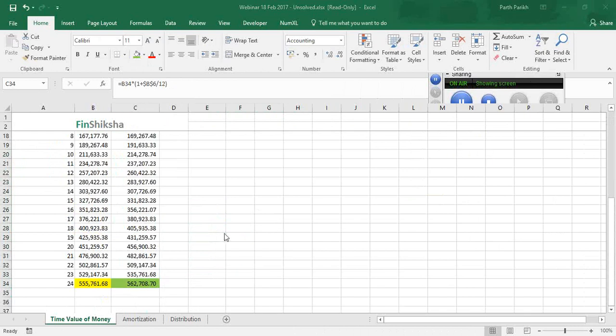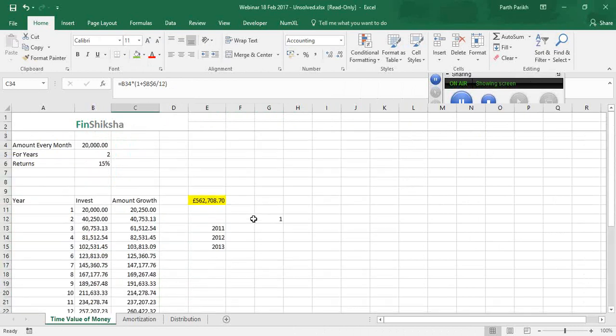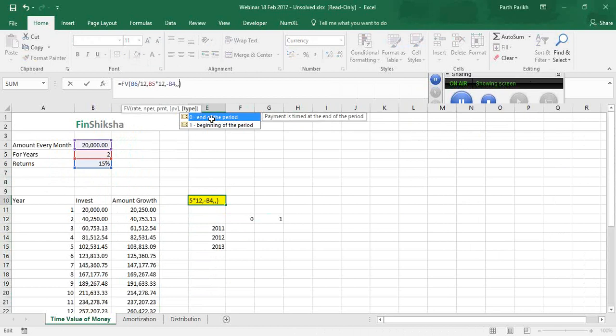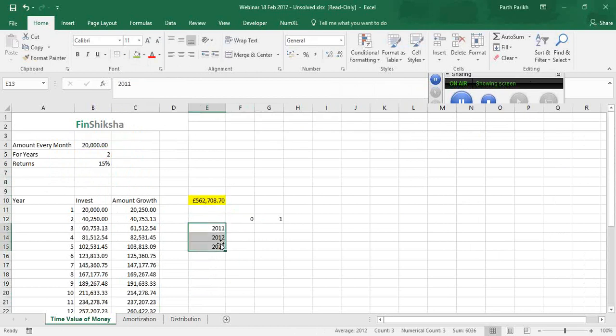I have another question: can you explain the difference between 0 and 1? If you put 0, it says that you are making the payment at the end of the period. Excel also says so if you go here, it says end of the period. So if I have 3 years, 2010, 11 and 12, and I put 0, it says my investment started at the end of 2011, which means my investment started in the first month of 2012.